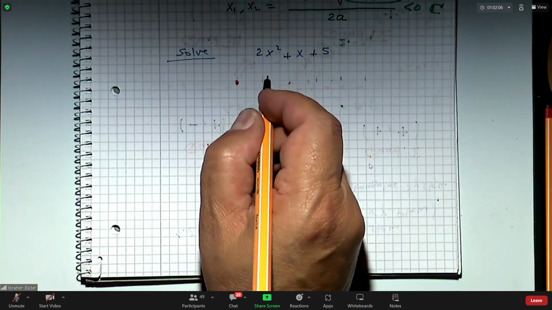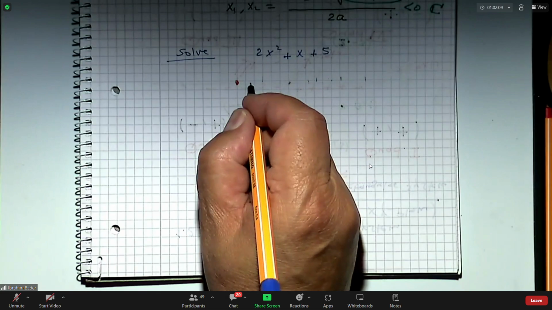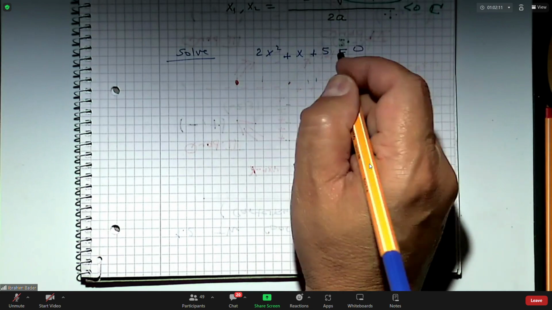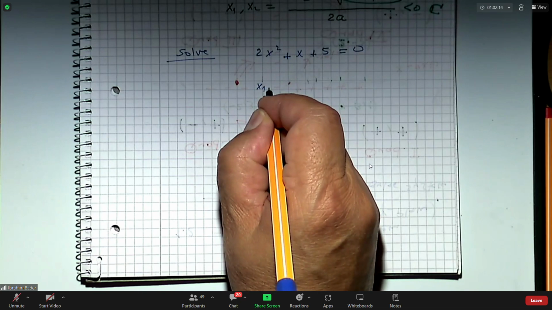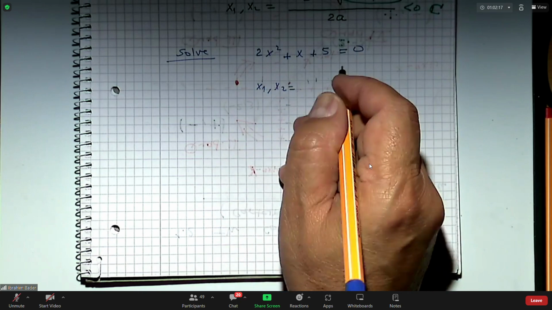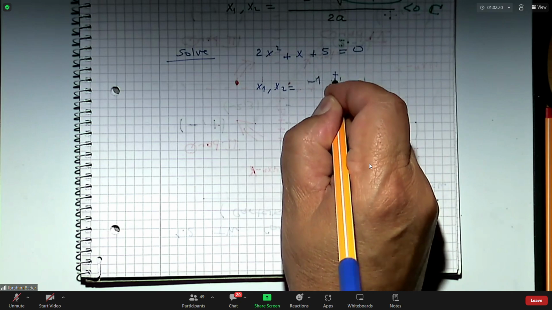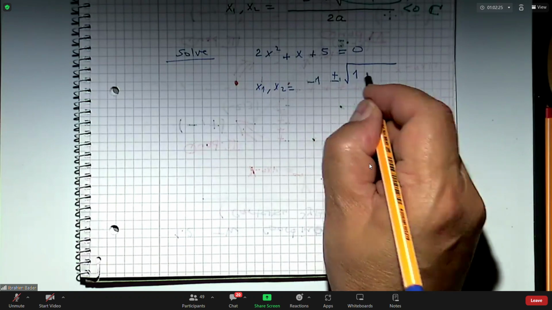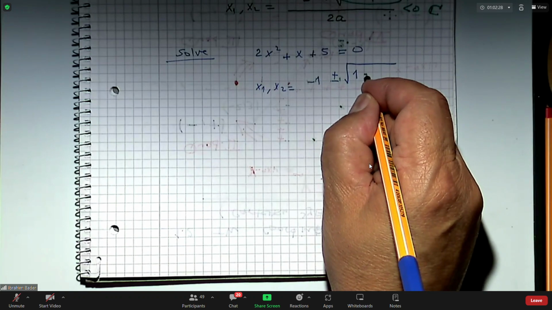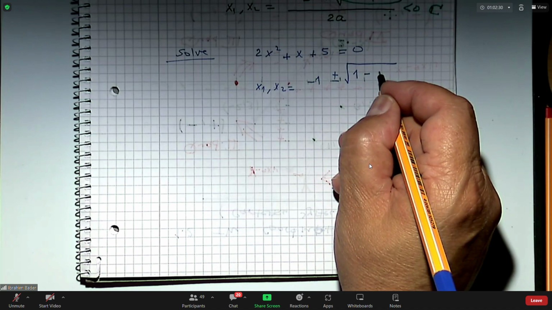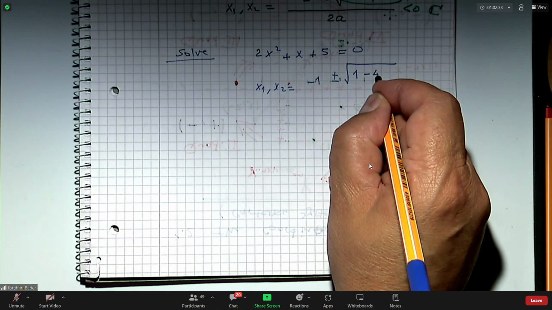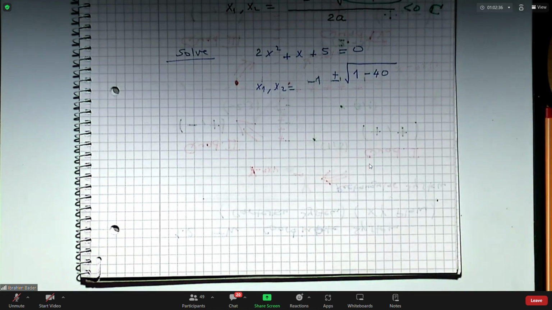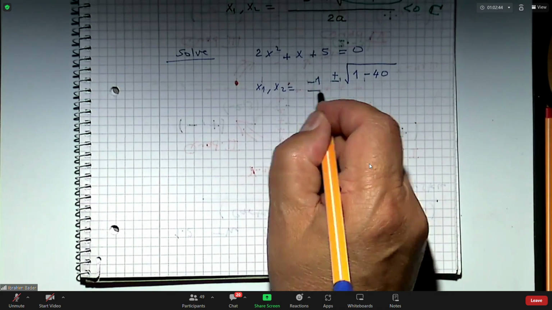So you have to help me out with this one. What are the roots here? This is equal to 0. So the roots x1, x2 equal minus b, which is minus 1, plus minus the square root of b squared, which is 1, minus 40, for 4ac is 40, over 4.